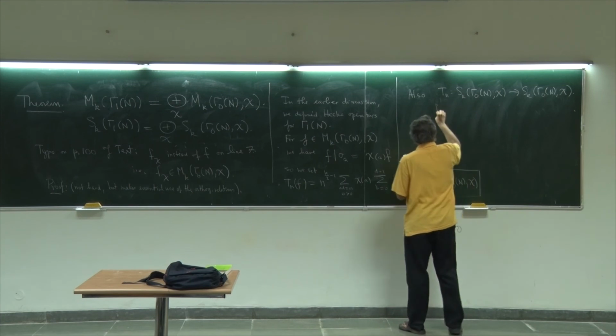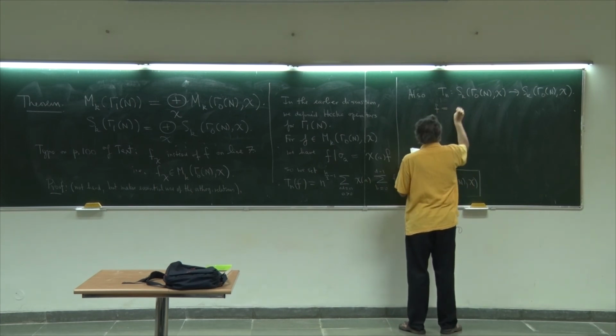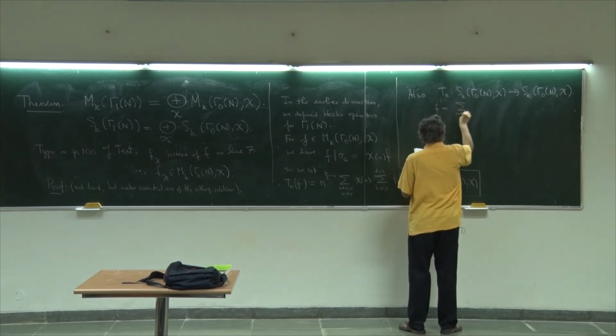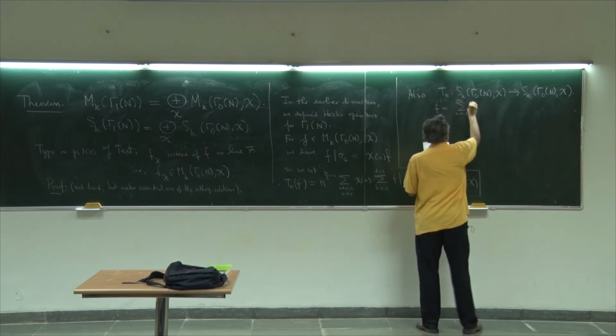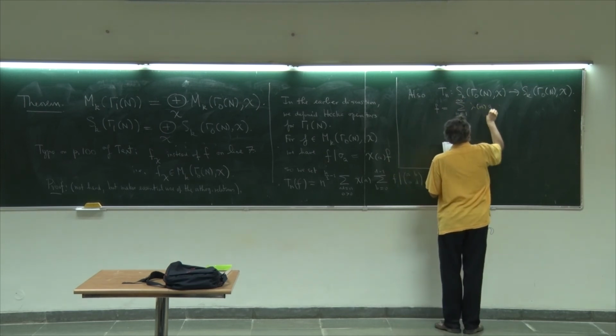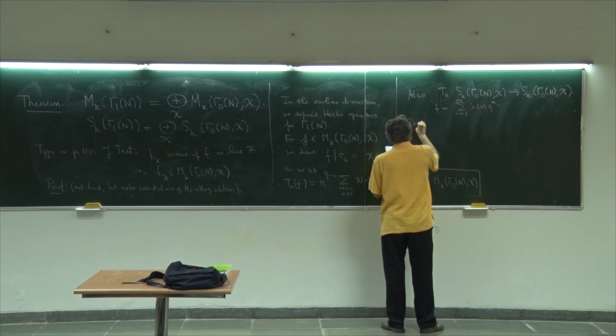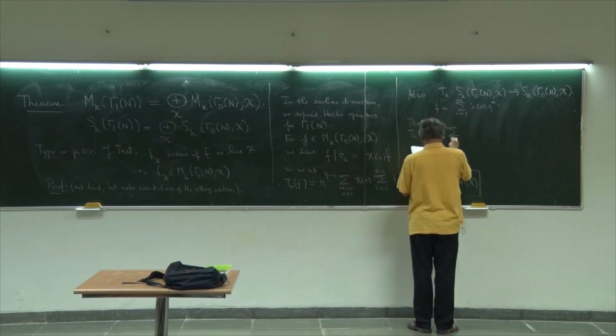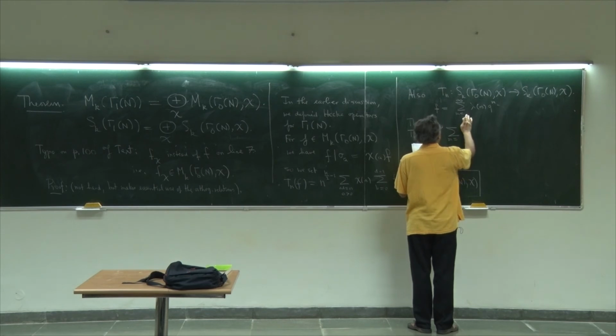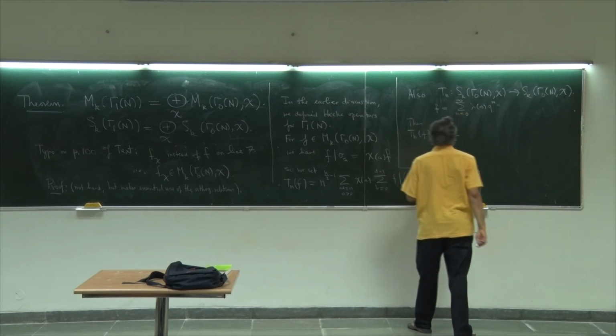If you have a Fourier expansion of this shape, then T_n of f looks like the sum over m, and actually you don't need to take a cusp form, you can take a modular form.